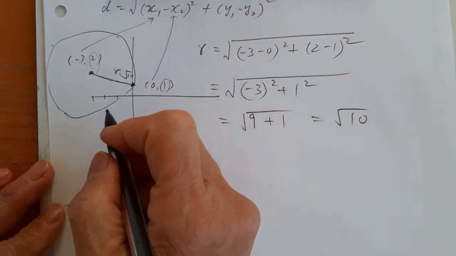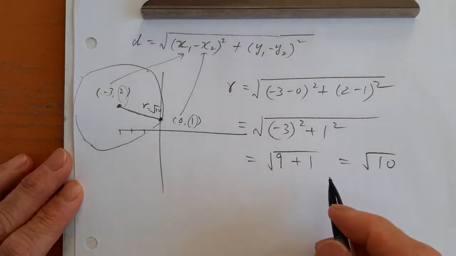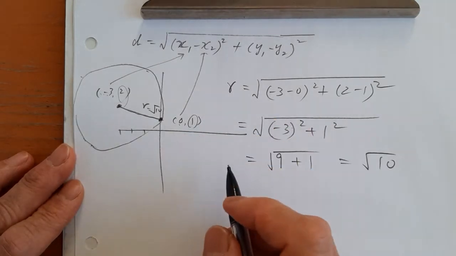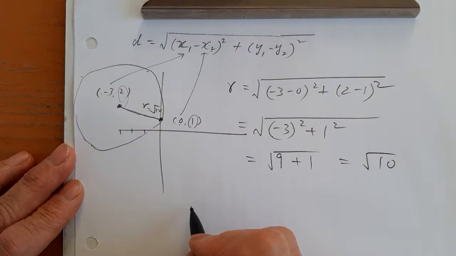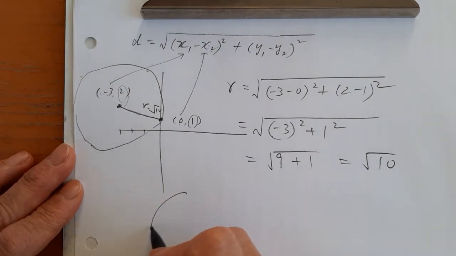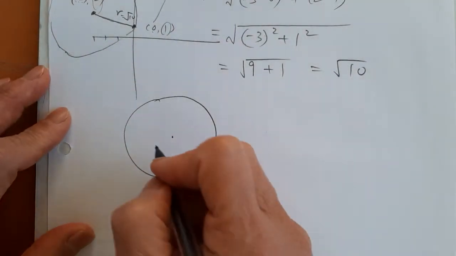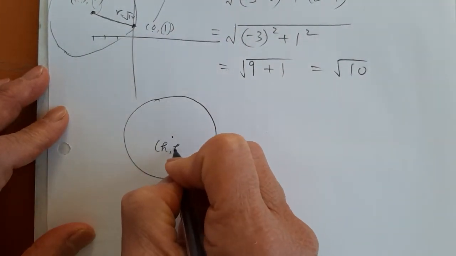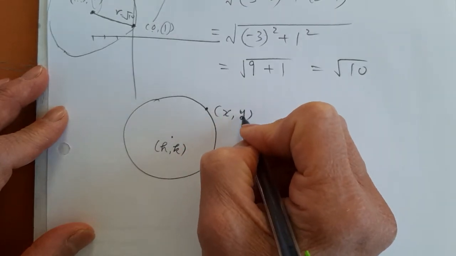And then you plug into the circle equation. The circle equation is actually also derived from the distance formula. For example, a circle has center h, k, and a point on the circle with variables x and y.